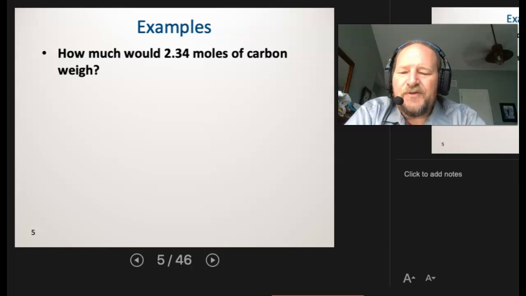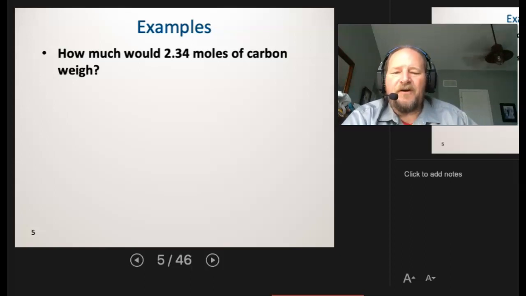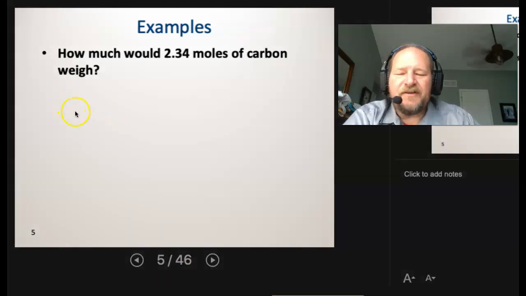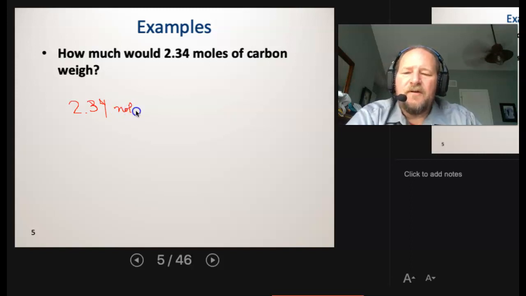So we'll be able to tackle questions like this. How much would 2.34 moles of carbon weigh? We're going to start the same way. We're going to have 2.34 moles of carbon.